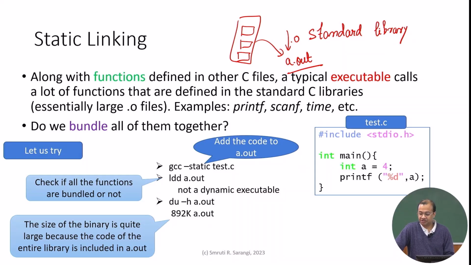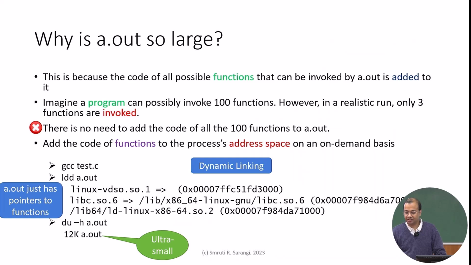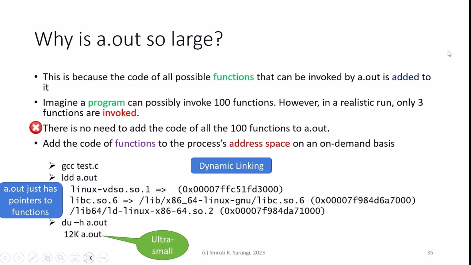But before we proceed forward, let us actually run these commands and see what it is that they actually do. And then we will be in a better position to understand why a.out is so large. As I just discussed, a.out is so large mainly because every single function that it can possibly call, the code of all of those functions is there in a.out, even though in any practical run, you will be invoking a very small subset of them, right?